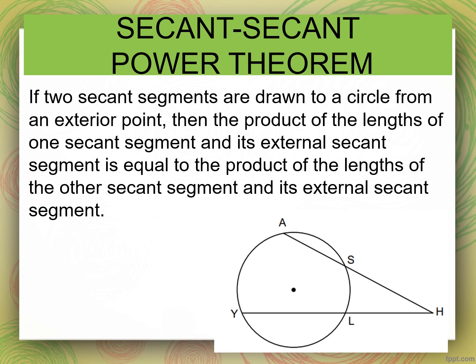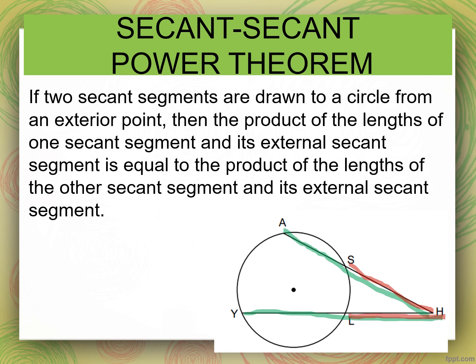If we multiply AH by SH, this is the external secant, that would be equal to the same thing from the other secant segment. So that would be equal to YH times the external secant LH.